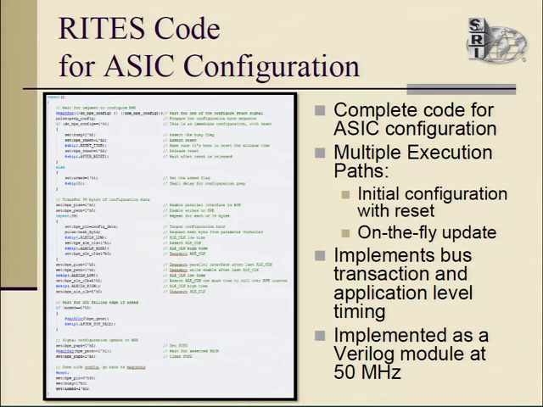Also represented here is a second way of using it, where instead of resetting the chip, you do an update to the configuration on the fly that will take effect with the next image that comes in. It implements everything that you need to do to configure the chip, all those parallel transfers, as well as hardware handshaking. And this is up and running as a Verilog module running on an FPGA at 50 megahertz. So this is a very real-world, complete, realistic example.